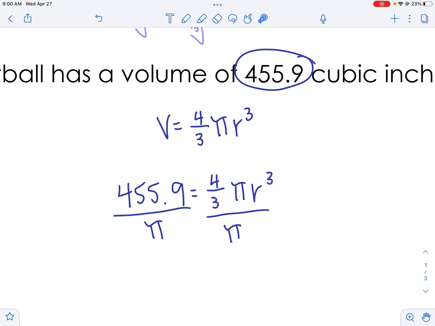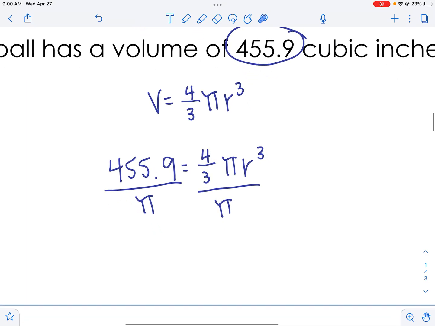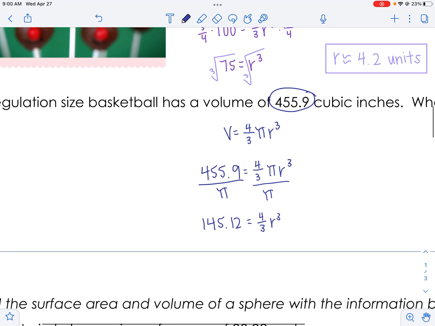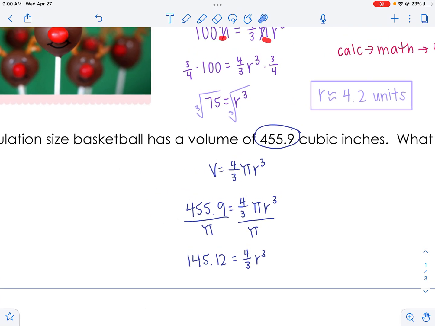If I type that into the calculator, 455.9 divided by, I press that pi key, I get 145.11, so I'm going to say 145.12. All I did was divide out pi because before I had it on both sides, now I don't, so I have to actually divide it out.